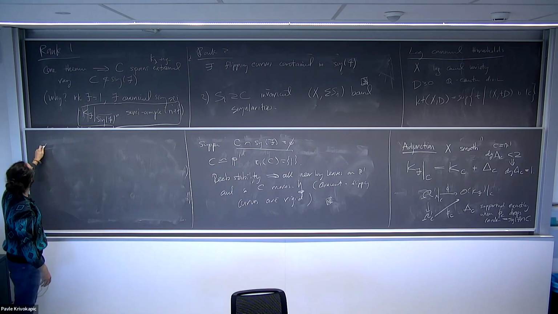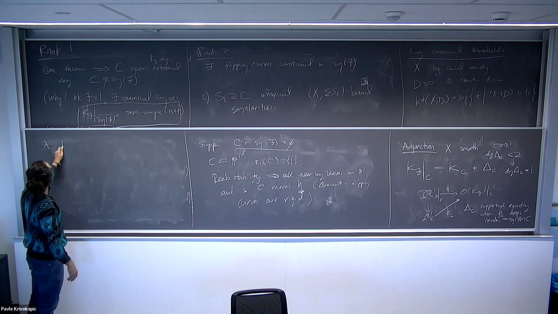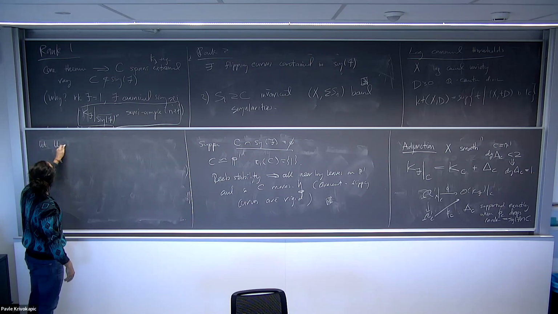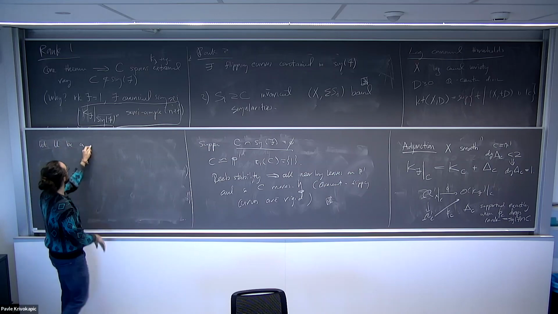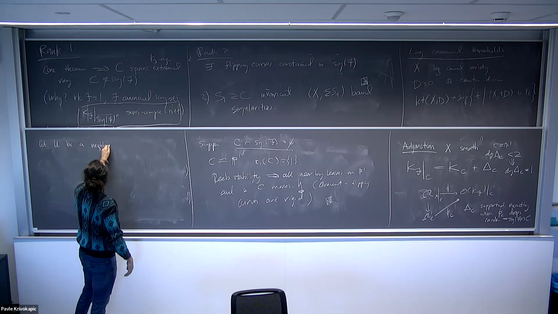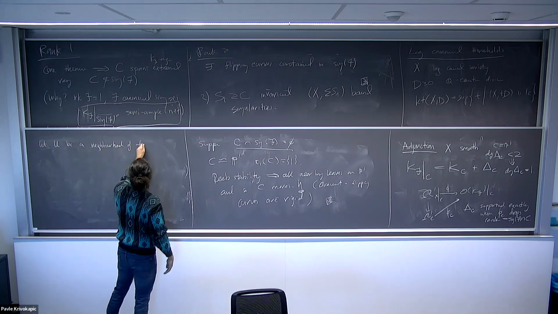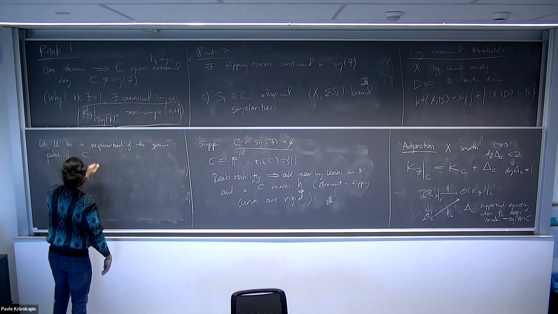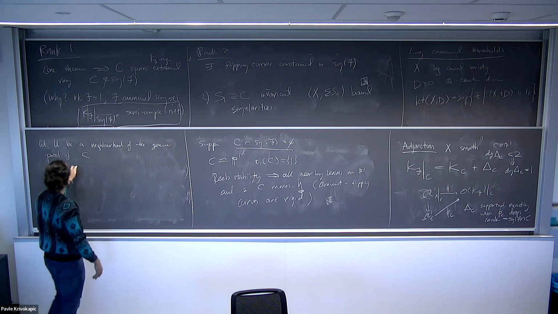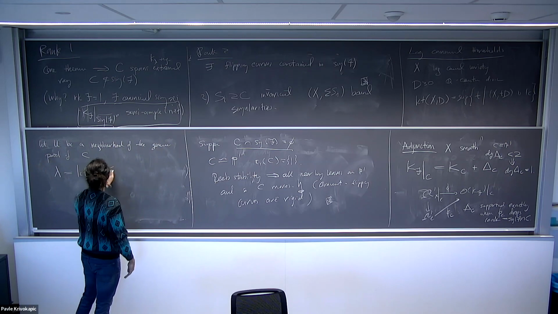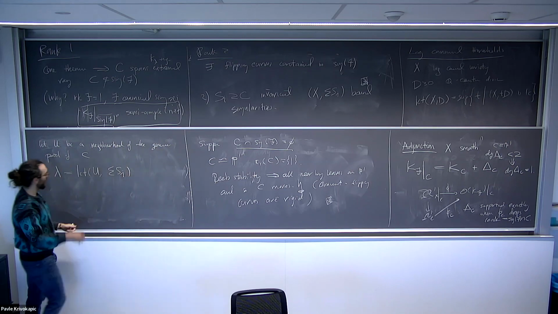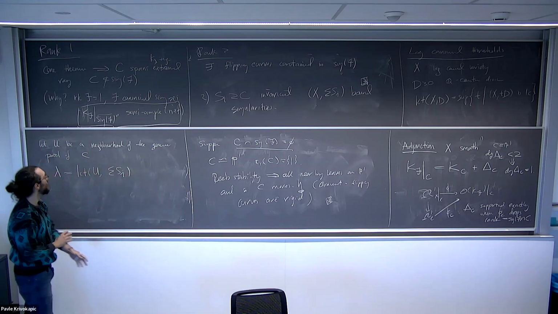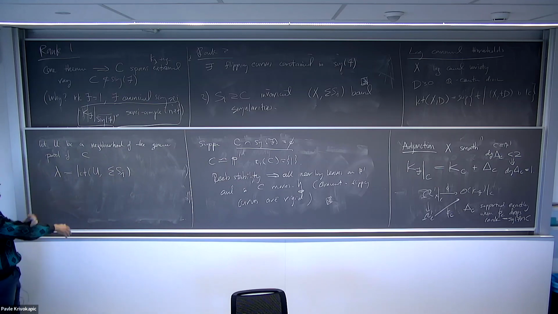So what I want to say is let U be a neighborhood of the generic point of C, and let lambda be the log canonical threshold of U with respect to the sum of the S_i. So instead of looking at the log canonical threshold along all of C, which might not be a good idea, we're just looking at it in a neighborhood of the generic point of C, and this is what we're calling lambda.